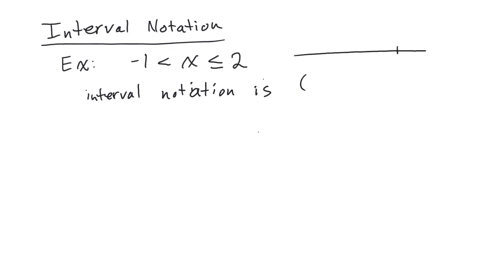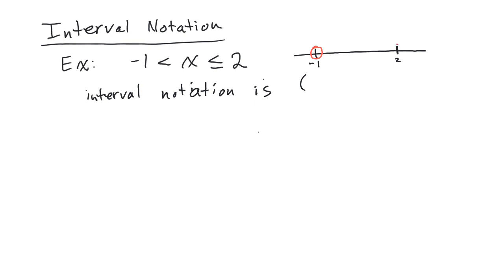So if I had a number line, this was the number 2, and this was the negative 1. If I was looking at this using a number line, my number line would have a circle at 1.